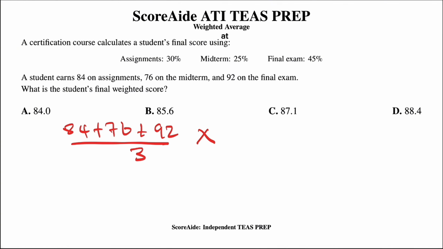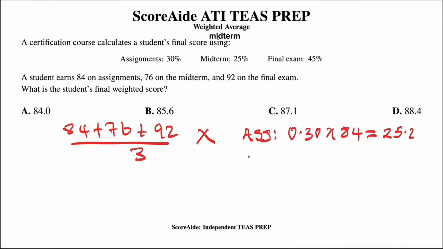Because each of those is weighted. Now, let's look at assignment. Assignment is 30% of the exam. So, therefore, it means 0.3 times the mark this student scored, which is 84. So this is going to give us 25.2, right?